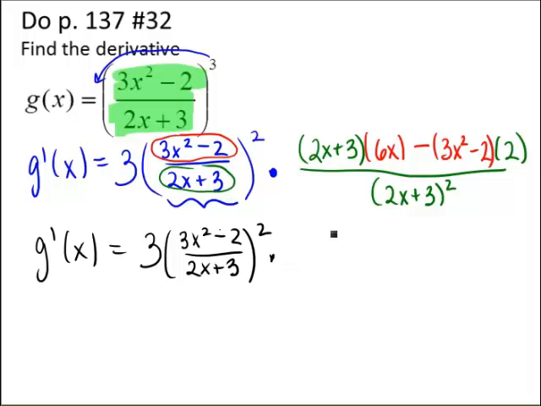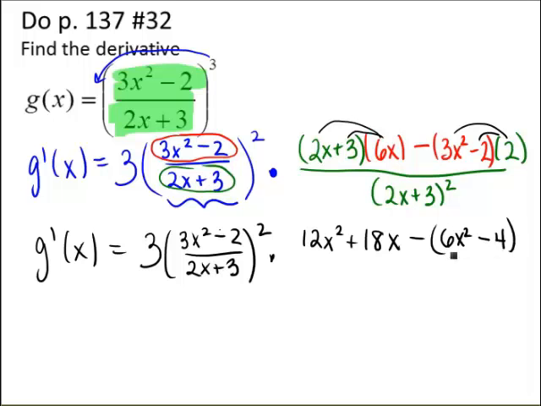On this second fraction, I'm going to go ahead and distribute this part through, which gives me a 12x squared plus 18x. And then back here I have a minus, and we'll distribute this 2 through. I have a minus 6x squared minus 4, and I said minus 6x squared, but that would be after I distribute that negative through, all over 2x plus 3 squared.